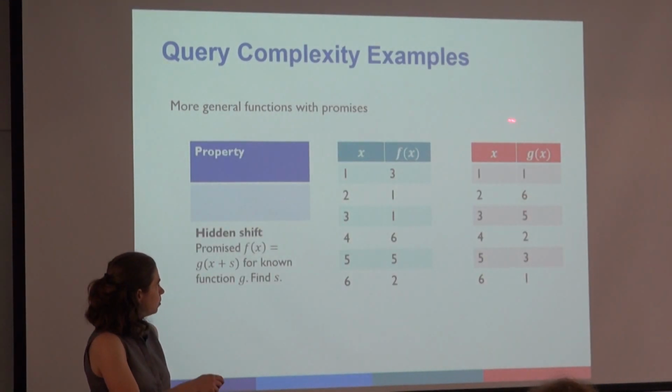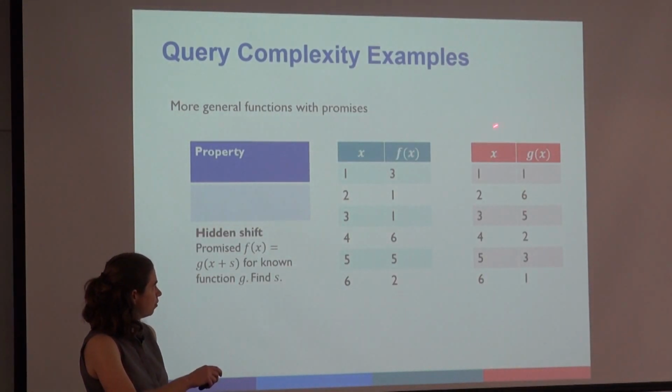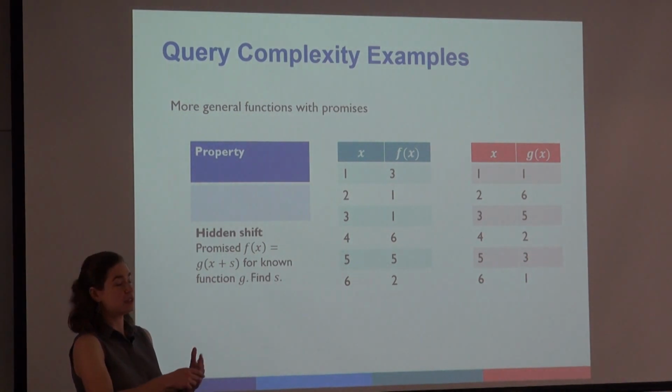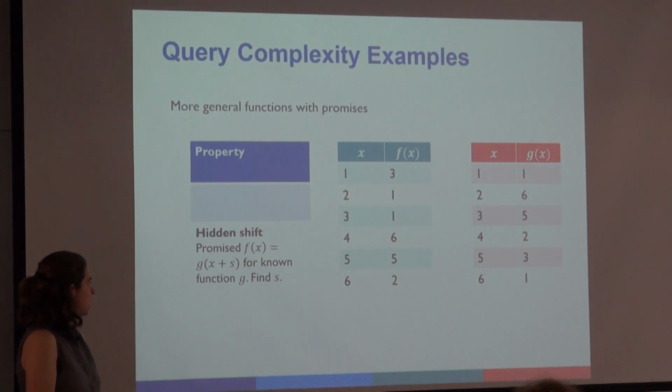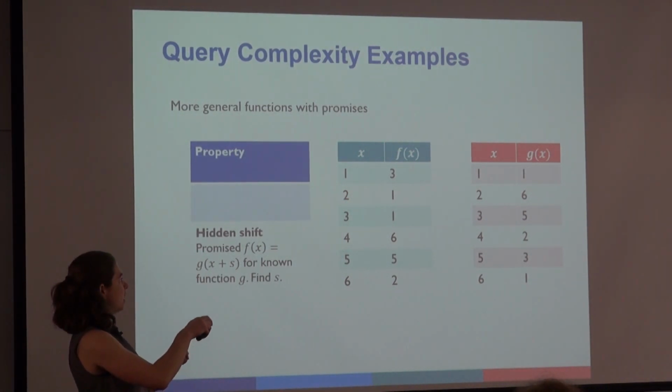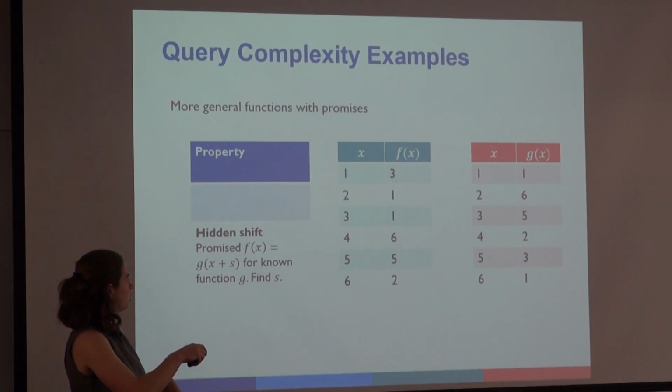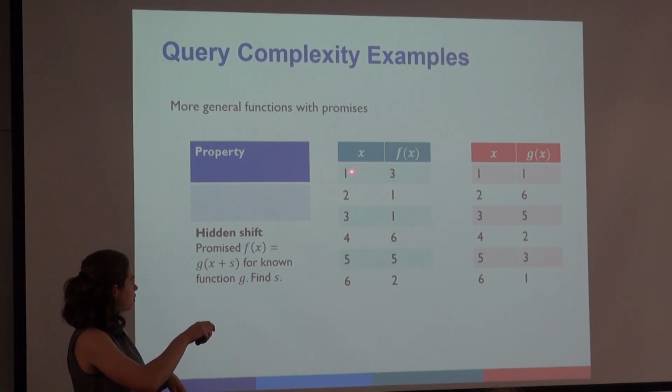For this hidden shift problem, now we're promised that you have G, which you're given explicitly. So you can look at G and see what all of its outputs are. F is the black box function as before. And what you're promised is that F is just G shifted. If we look here, 1 goes to 3, 2 goes to 1.